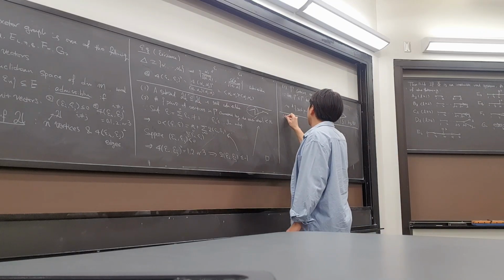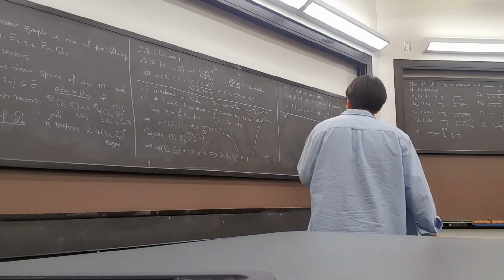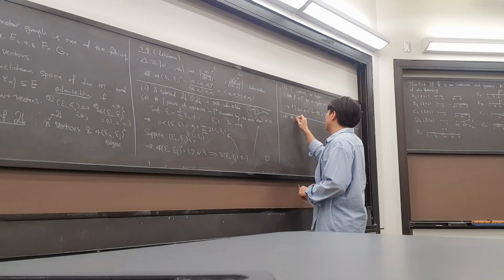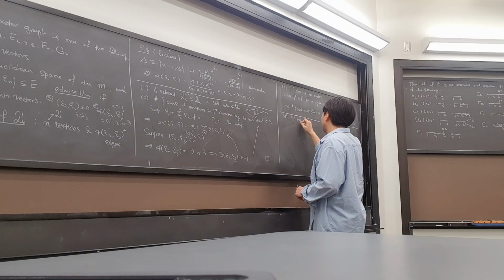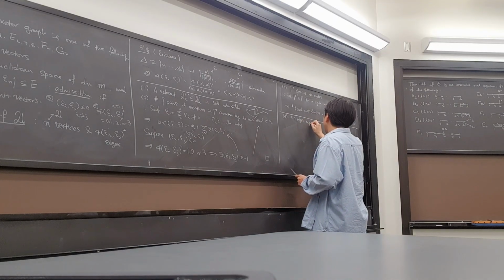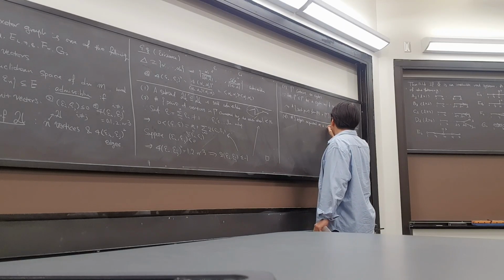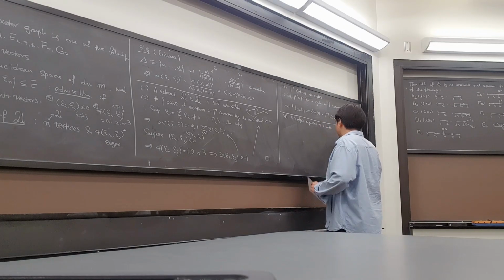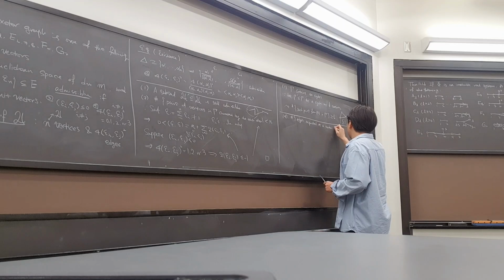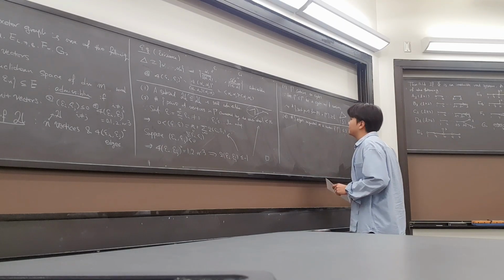And then the fourth step is that the number of edges originated at one vertex of gamma is less than or equal to 3.